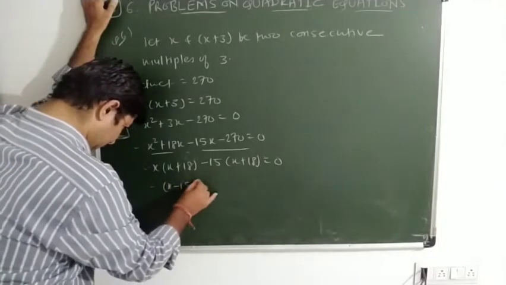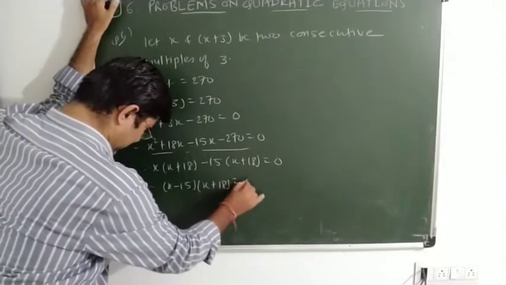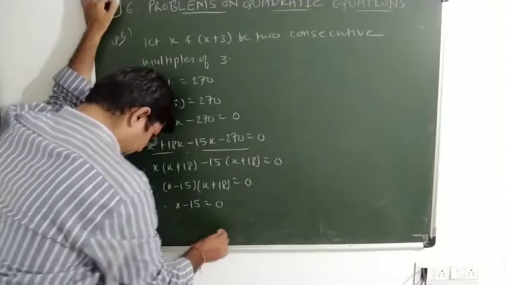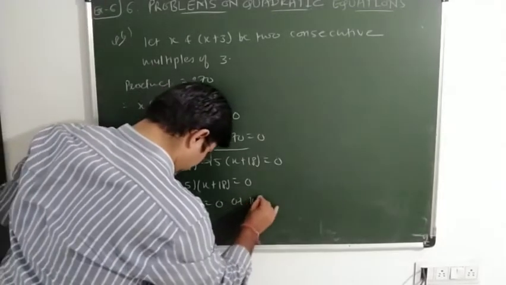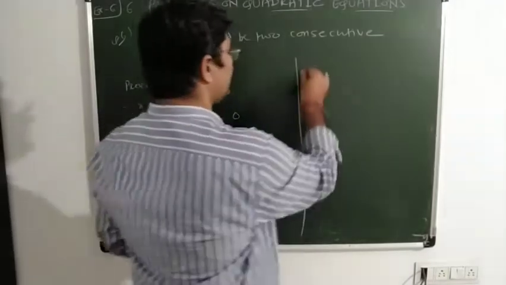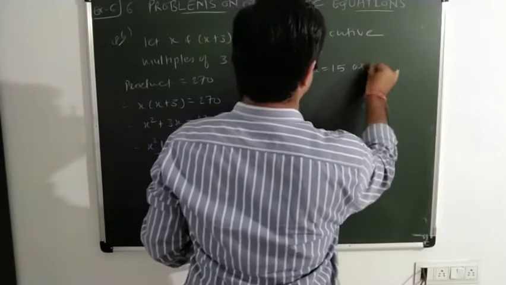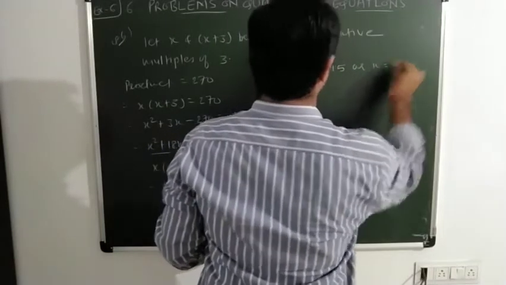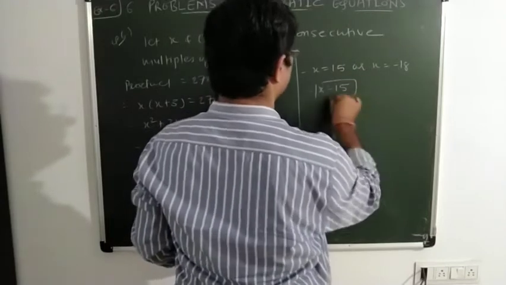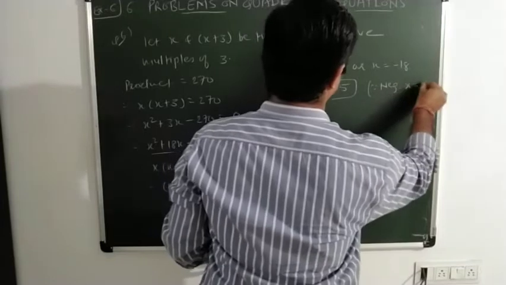Therefore x minus 15 into x plus 18 is equal to 0. Therefore x minus 15 is equal to 0, or x plus 18 is equal to 0. Therefore x is equal to 15, or x is equal to minus 18. Therefore x is equal to 15. We will neglect the negative value.